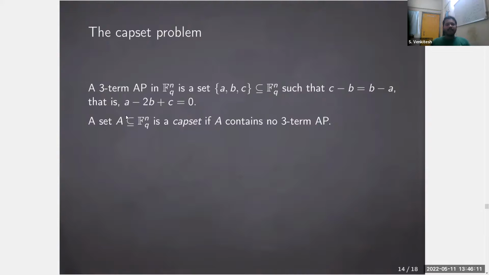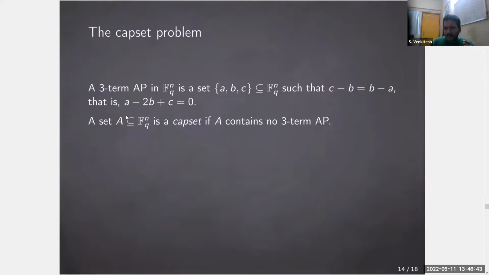A set of points in the vector space is said to be a capset if it has no three-term arithmetic progression. To give you some idea of the intuition behind the name capset, if you take two terms, A and B, and then try to follow it up with the next term, C, if the set does not admit a three-term progression, then the term C cannot progress in the same direction.